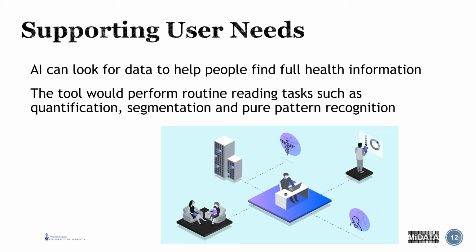That's an example we've already talked about with IBM Watson, which provides a very sophisticated tool in order to scour the internet and all of the literature in order to find answers to your research question, for instance.